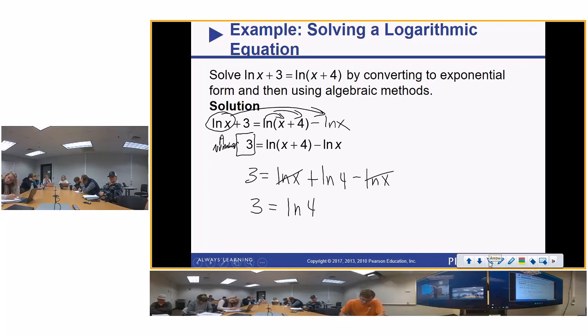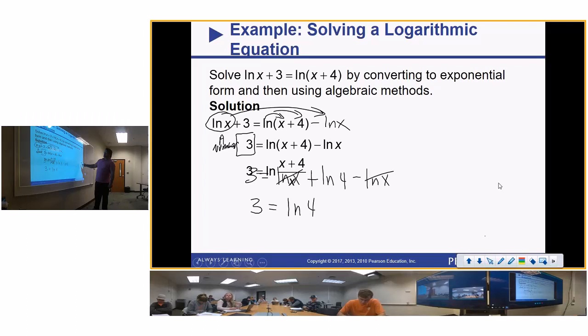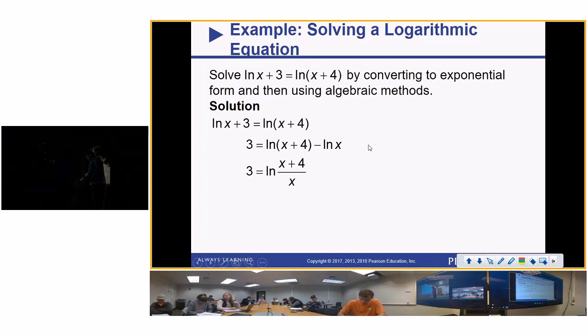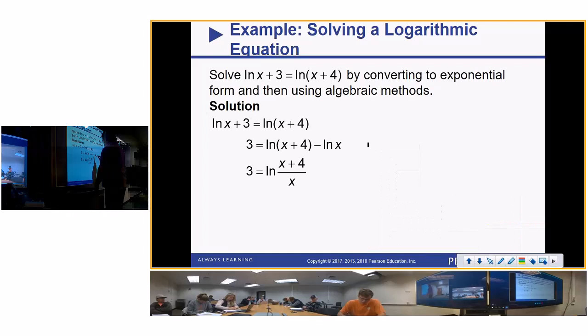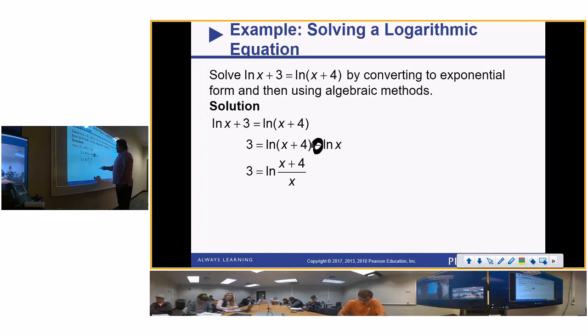Unless, let's see what they did. Okay, oh, they rewrote, which is good. We can do that. Let's rewrite. So that's x. This right here gives us the quotient rule. Went in a different direction. That right here means the quotient rule.